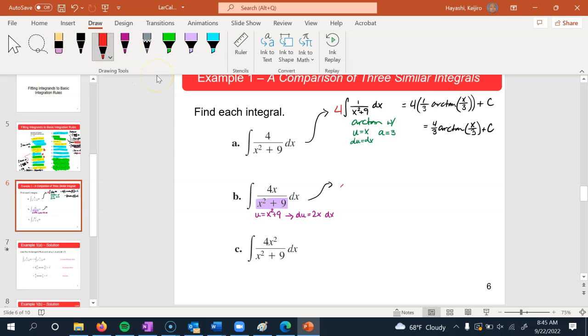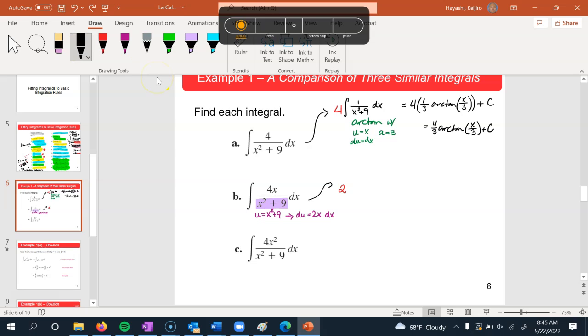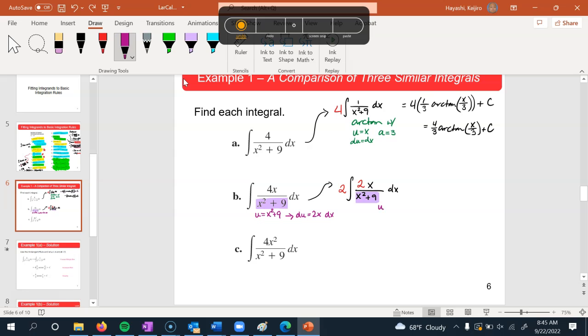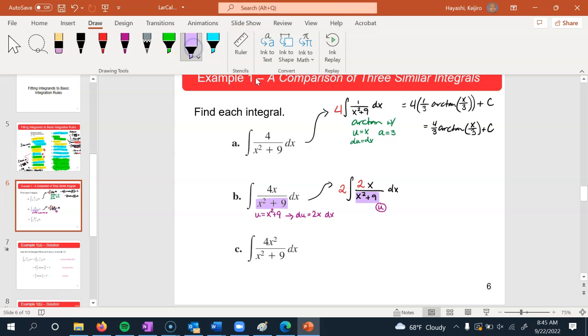So just factor out 2, and you'll have 2 times the integral of 2x dx over x squared plus 9. Okay, so now this can be u. And this 2x dx that's up here now, instead of 4x dx, this can be our du.